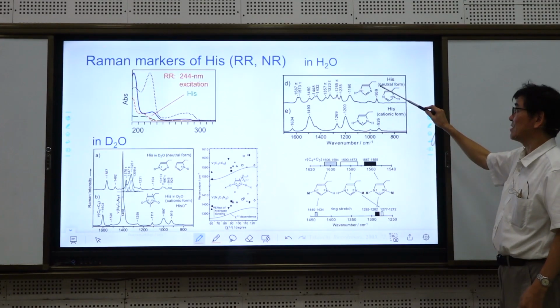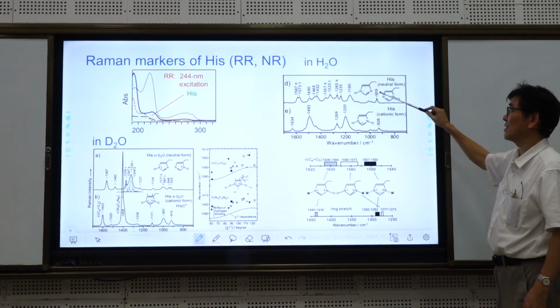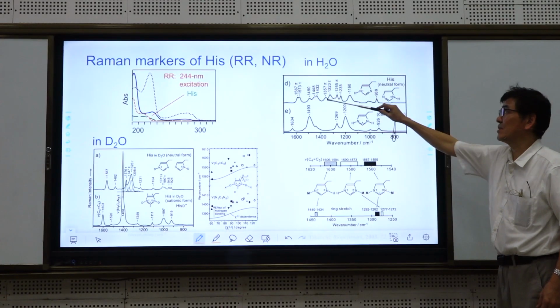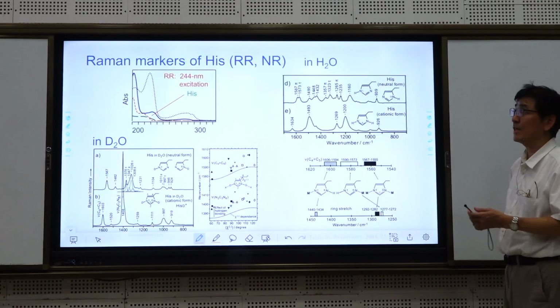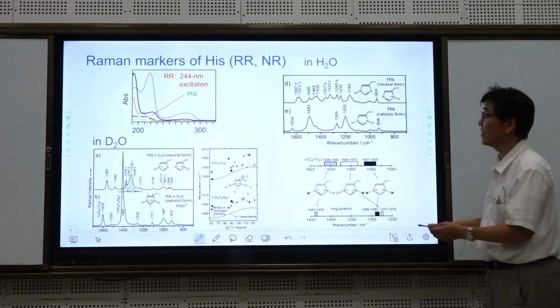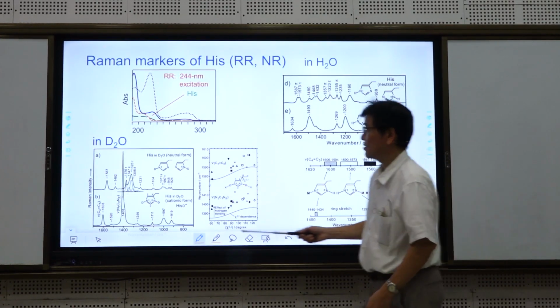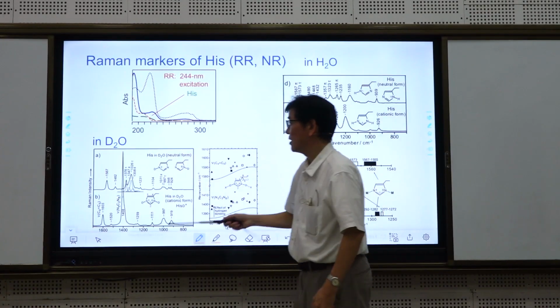But the problem is that histidine symmetry is not very high, so the histidine band gives only a weak Raman band, so careful measurement is necessary. The only exception is to measure in D2O.